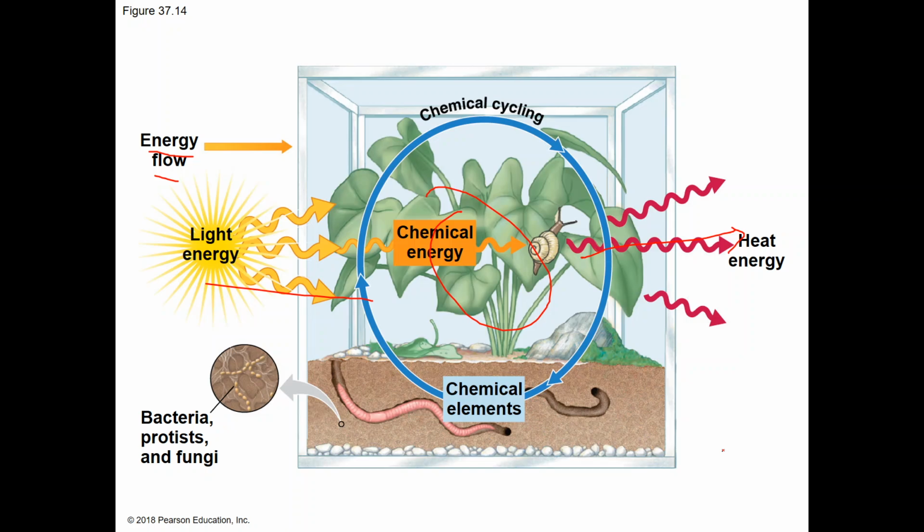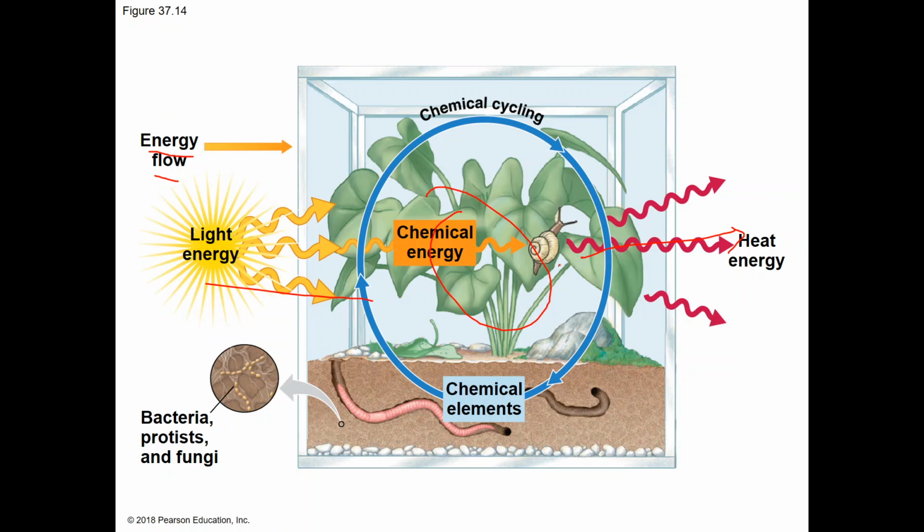In contrast to energy flow, when we're talking about chemical cycling, we're thinking more about this blue circle with the arrows here. Most ecosystems have a constant input of energy from sunlight, but a limited amount of chemical elements that are used to construct organic molecules.